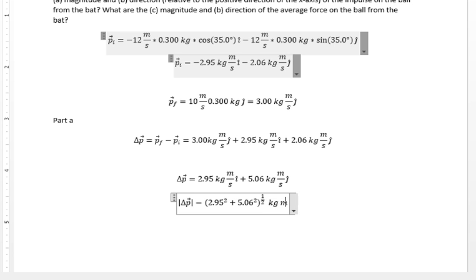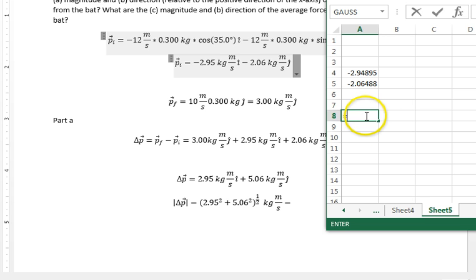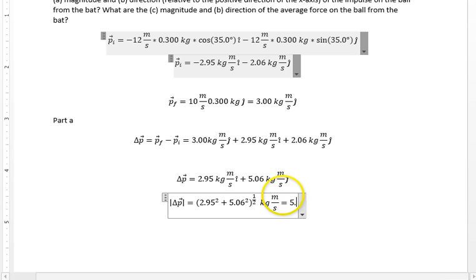And that's going to be kilogram meters per second. Take the square root of that. So 5.86 kilogram meters per second.